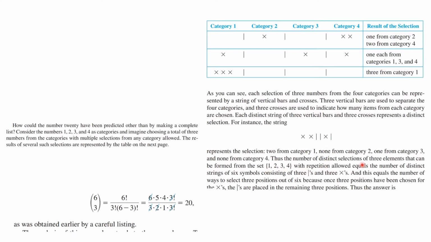Thus, the number of distinct selections of 3 elements that can be formed from the set 1, 2, 3, 4 with repetition equals the number of distinct strings of 6 symbols consisting of 3 vertical slices and 3 X's or crosses. And this equals the number of ways to choose 3 positions out of 6, because once 3 positions have been chosen for the X's, the vertical bars are placed in the remaining positions. So the answer is 6 choose 3, or 20.